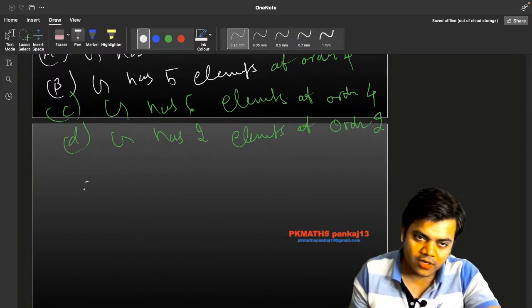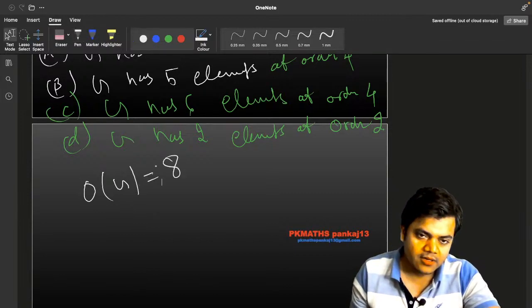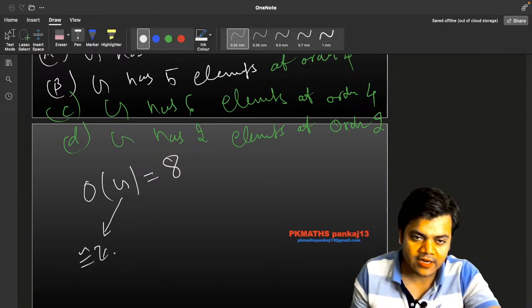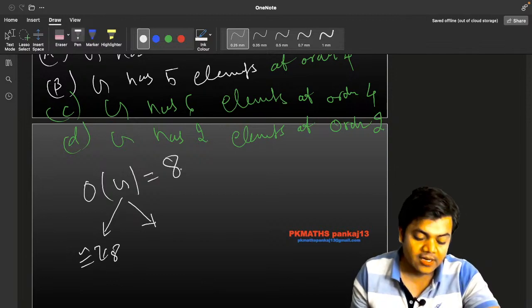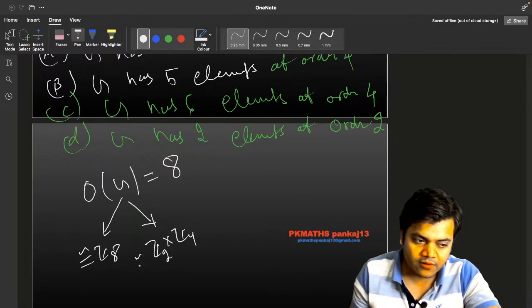So first of all, if you have a group of order 8, then what are the possibilities? Because this group has order 8, there is a possibility that this G will be isomorphic to Z8. Another possibility is that it might be isomorphic to Z2 cross Z4, isn't it?